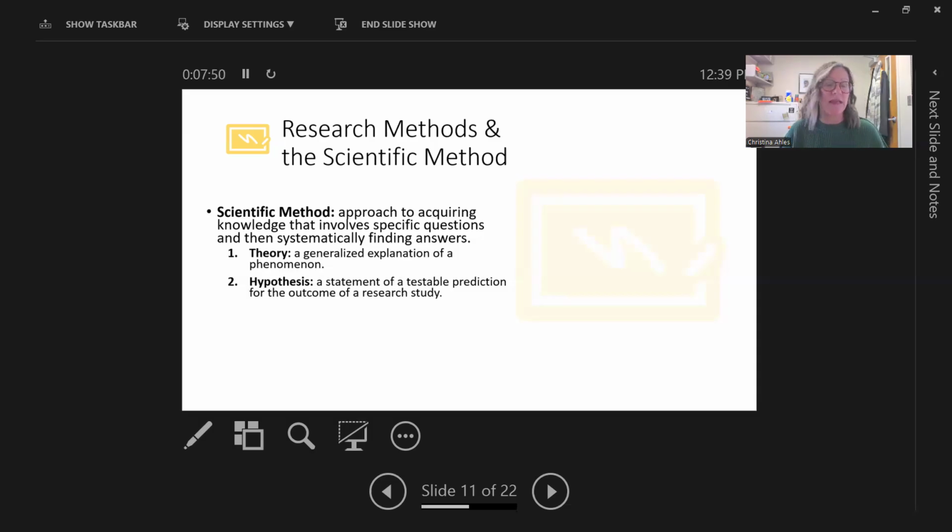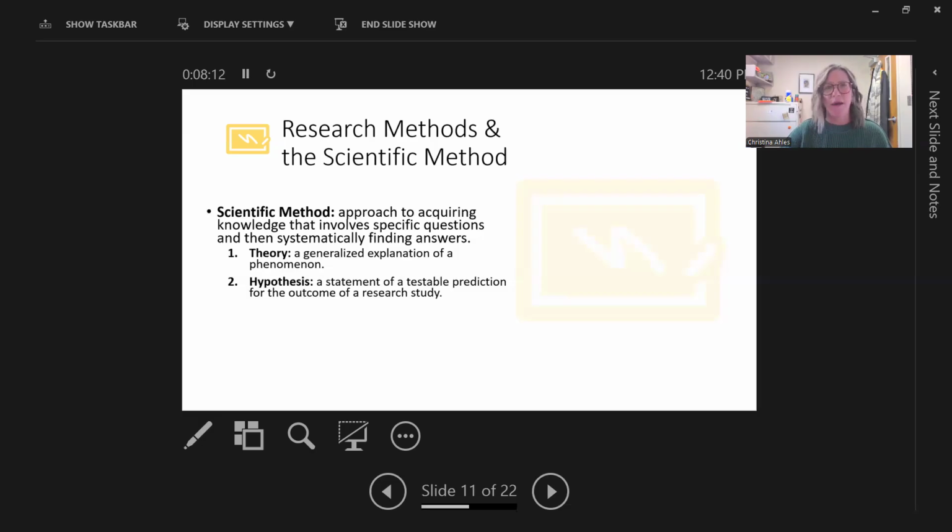And that is something that can be tested using the scientific method. Now, there's lots of research out there related to this, and lots of possible explanations, but that's just an example of a hypothesis. Again, a hypothesis is not a question, it's a testable prediction.